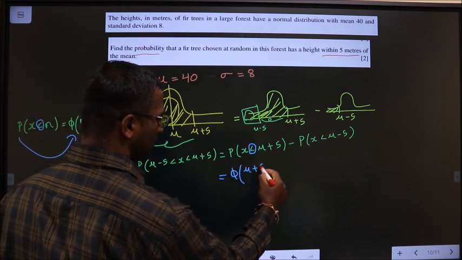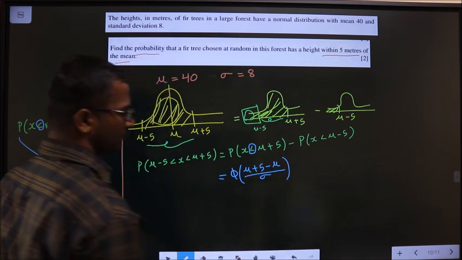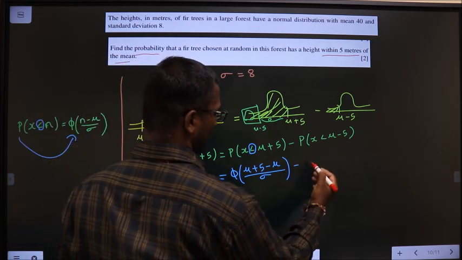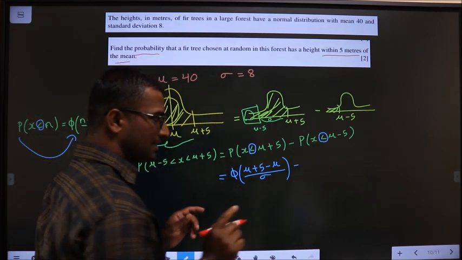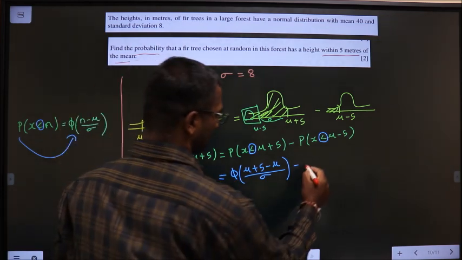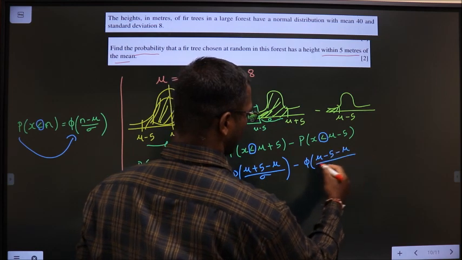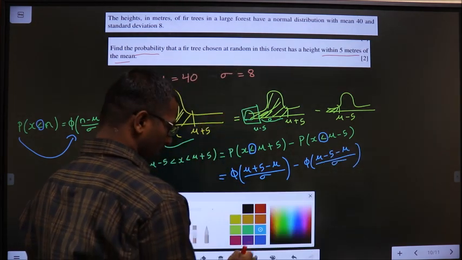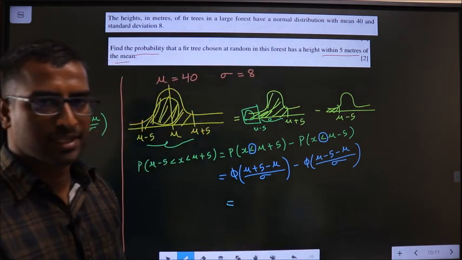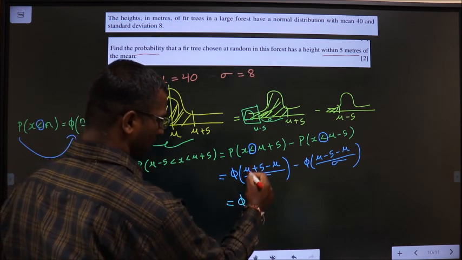Phi of mu plus 5 minus mean by standard deviation. Okay, next. Minus. Here also the symbol is less than, so here also P will get converted to phi. So phi of mu minus 5 minus mean by standard deviation. Now, see, does anything get cancelled out? Yes, and that is mu and mu.